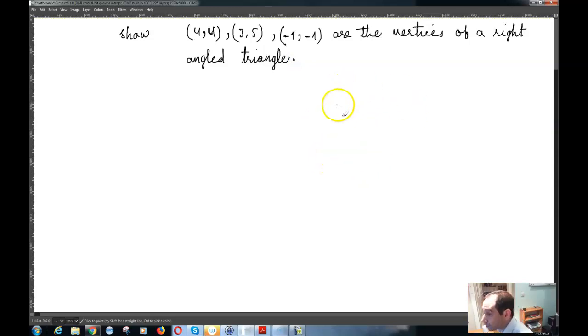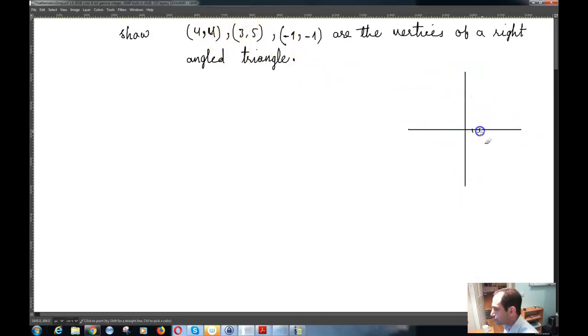Okay, so to show that these points are the vertices of a right angled triangle, first of all, you need to know where they are on the xy plane, and that way your job is going to be much easier.